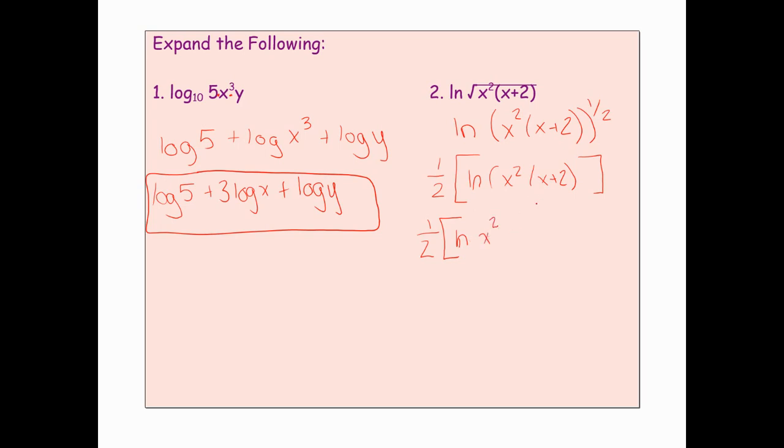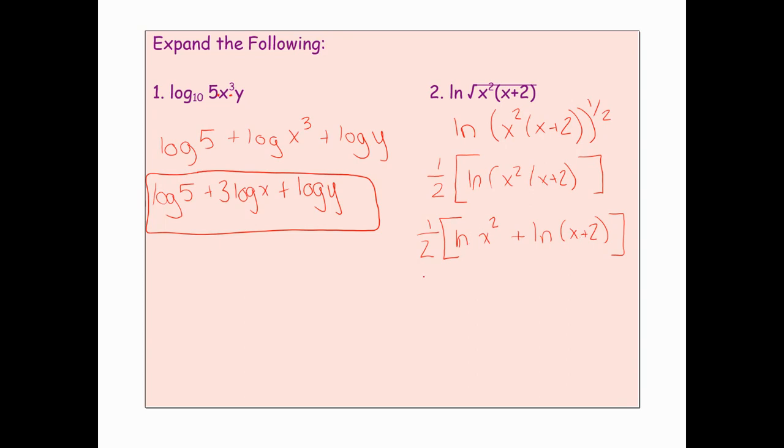Now this is multiplication, so plus natural log of x plus 2. I cannot expand x plus 2 because it's not a power property, it's not a quotient property, it's addition in here. So we just leave it like that. Remembering for the graph, that would be shifting it to the left 2 units.